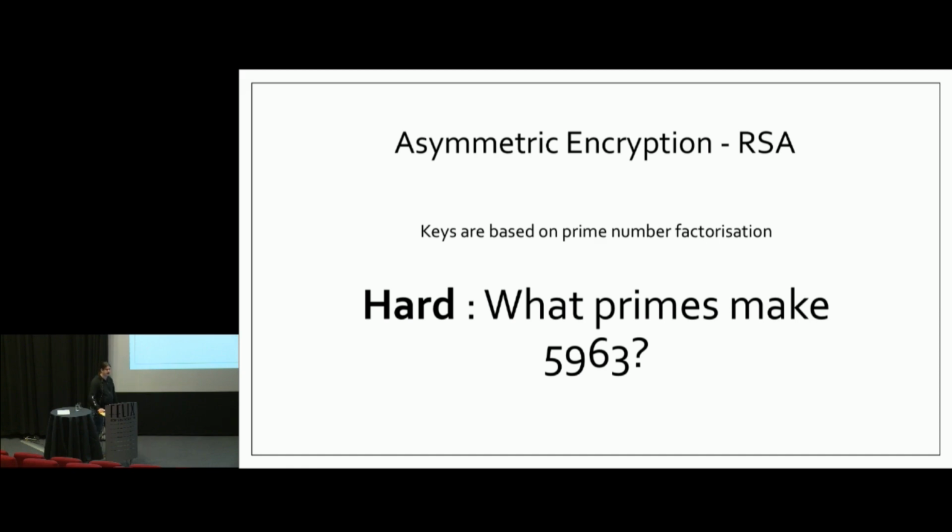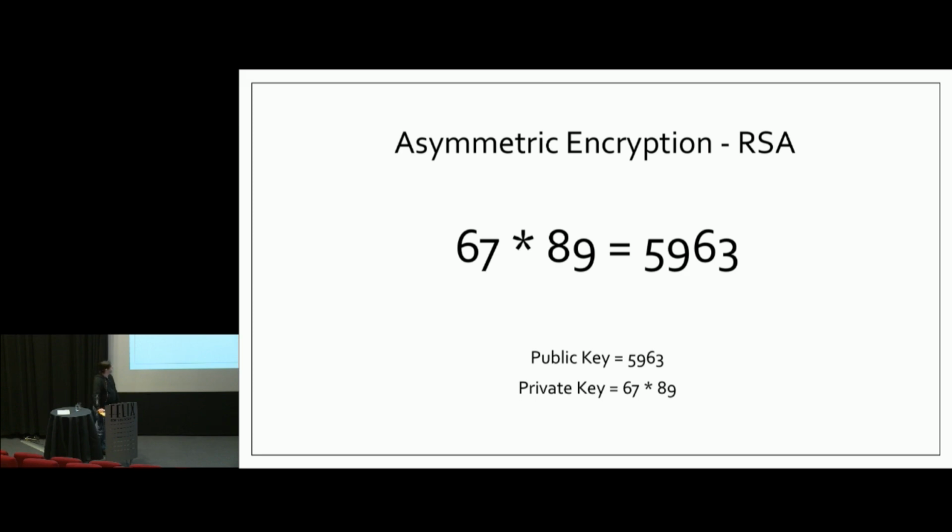Does anyone know who wasn't in my workshop? So it's harder to do, isn't it? Now imagine, instead of four digits, it's hundreds or thousands of digits long. That's a very tough problem for a computer to solve, and that's where the security of RSA comes in. So the actual answer is 67 times 89.